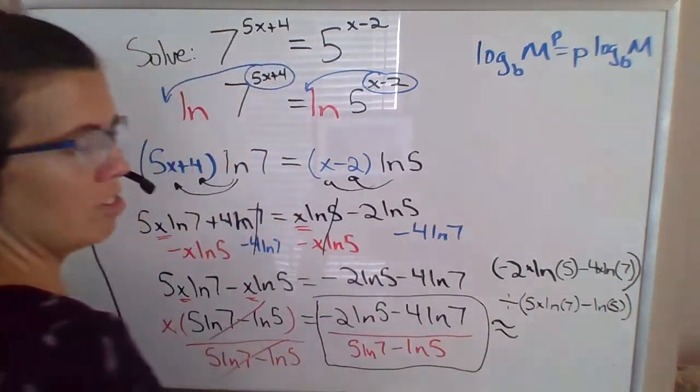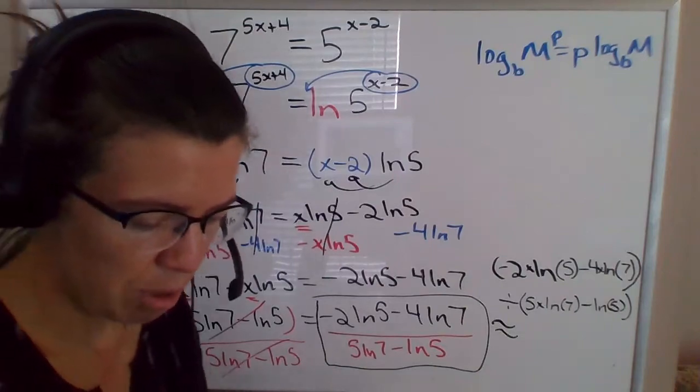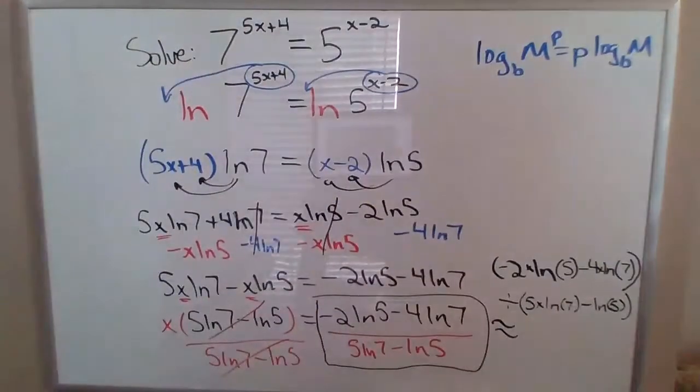So this is what you would type into a calculator in order to get the decimal approximation, which I can enter real quick, if you want to check that you get the right answer. So -2 times natural log of 5 minus 4 times natural log of 7, close the numerator, divided by, open a parenthesis for the denominator.